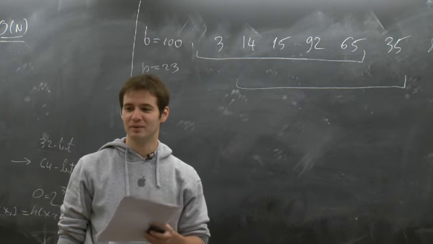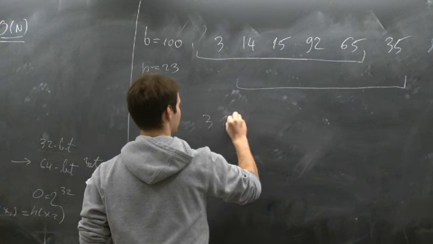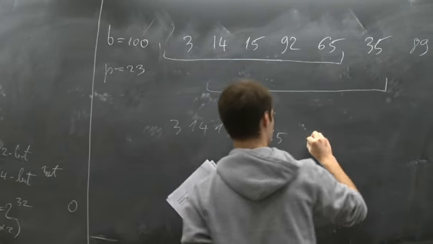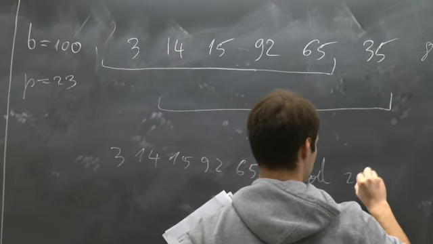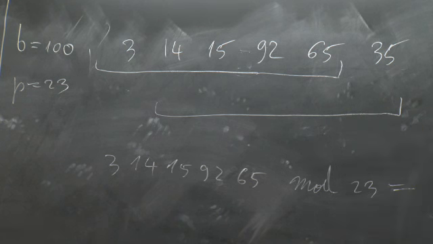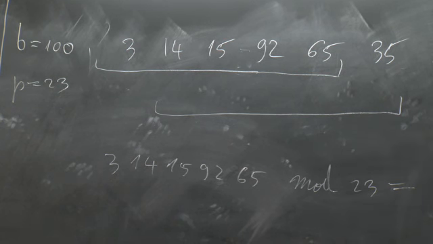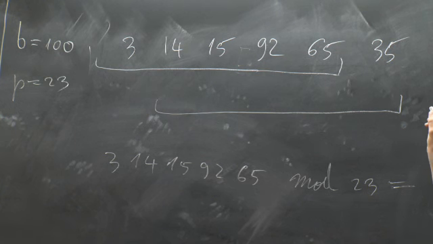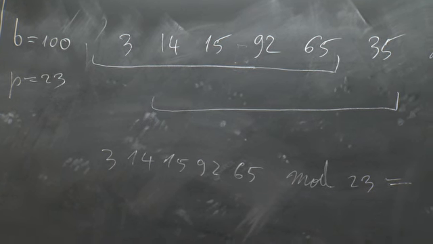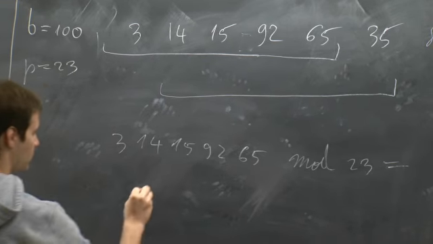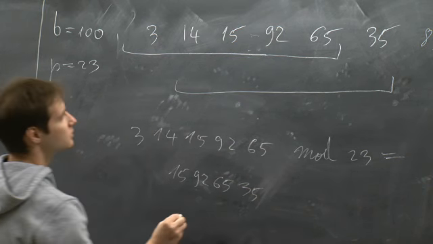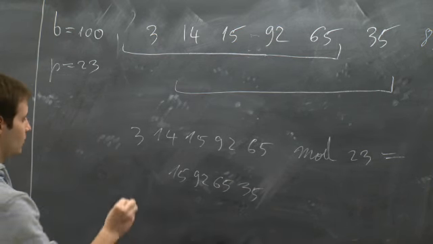Oh, there is someone with a computer. Sweet. 3, 1, 4, 1, 5, 9, 2, 6, 5, modulo 23 is how much? Okay, while you're doing that, can someone tell me what computation will he need to do for the second sliding window? It's 1, 5, 9, 2, 6, 5, 3, 5. That's the third slide. Wait, there's a 1, 4 before that.